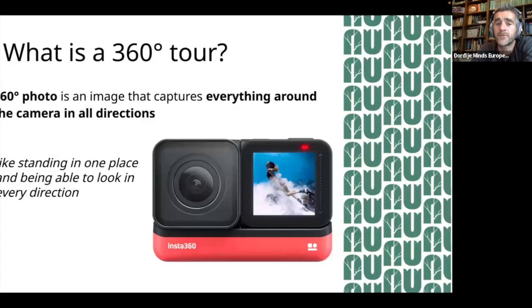They are images that capture everything around you, like you're there in person, so you can see in any direction you want: up, down, left, right, in front of you, behind you. It is captured by a specialized camera. You can also do something like that on your mobile phone, but those are not such high quality images.